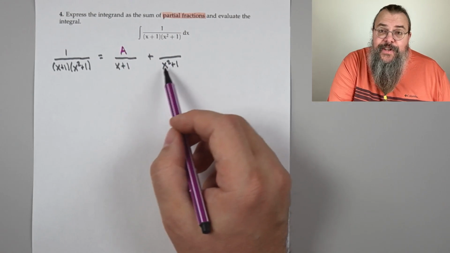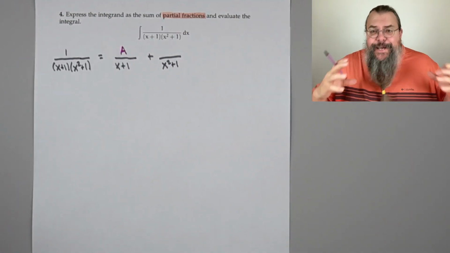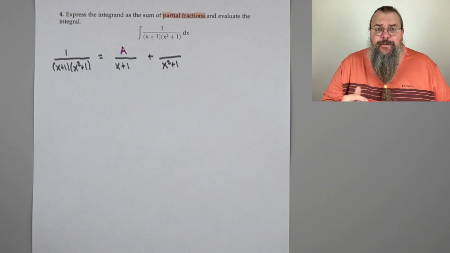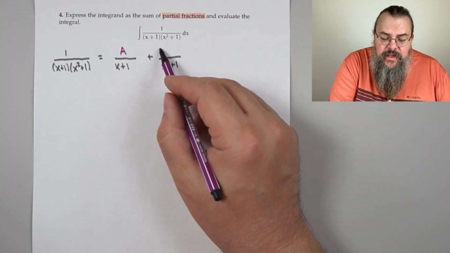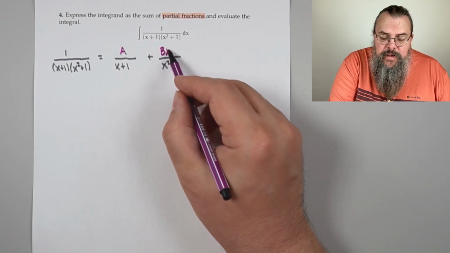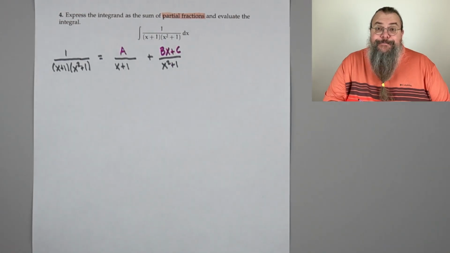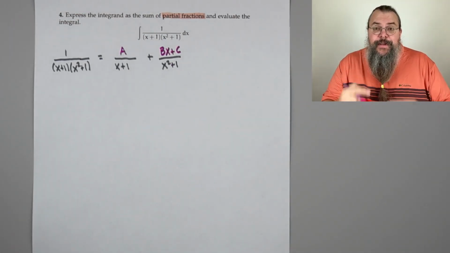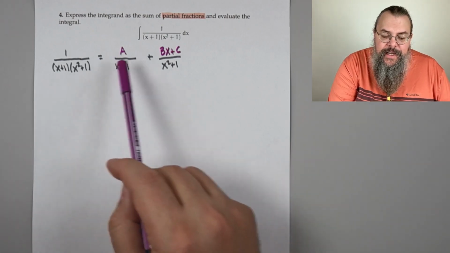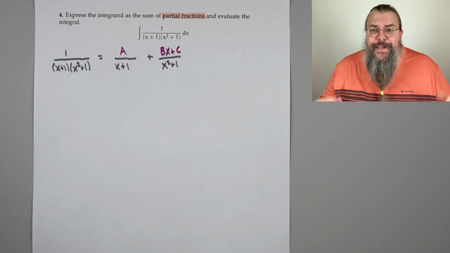If the downstairs is an irreducible quadratic, which is just a fancy way of saying you can't factor it any further, there's still an x squared, then the upstairs is not just a number, it's b times x plus c. All right, so here we go. The main part of this problem is figuring out a, b, and c. Once we have that, we're most of the way there.